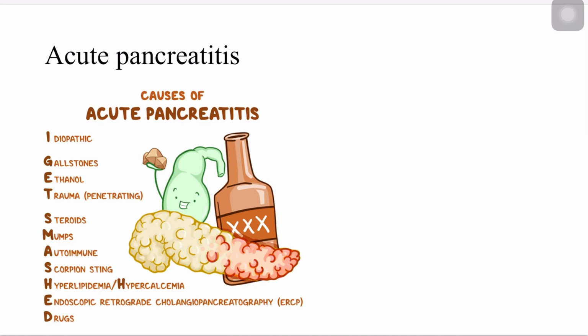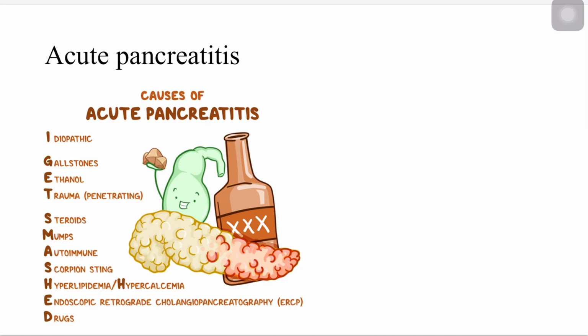Okay, but what is the highest reason, which one is very important? Usually one of the important reasons of acute pancreatitis is gallstone, because a gallstone can block the pancreatic and biliary duct, and in this case it can cause acute pancreatitis.